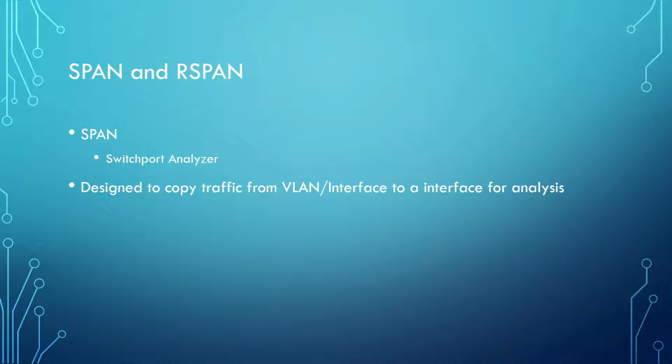Play around with it. Just remember that if you create a SPAN session, and I did this just to test out my theory, I have a Windows PC configured as a file server, and if I set the port that I would use to connect to that server as a destination port, I lose connectivity to that device.